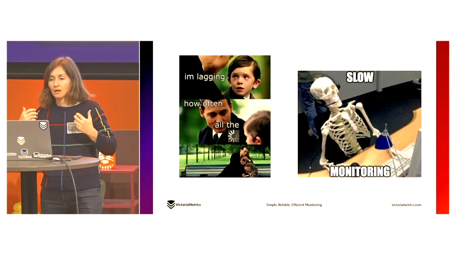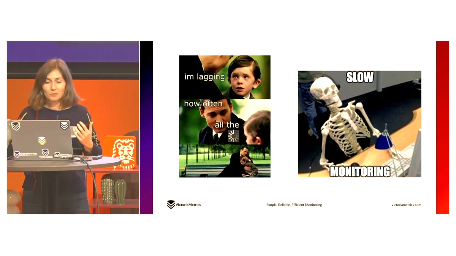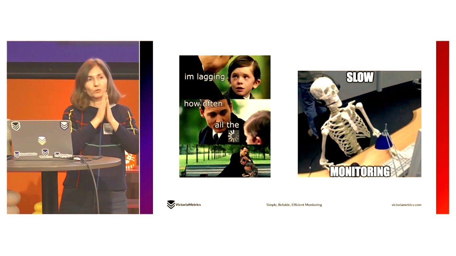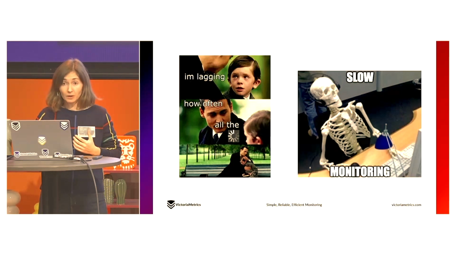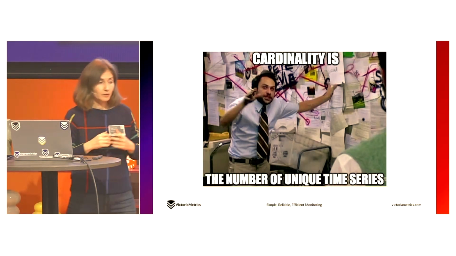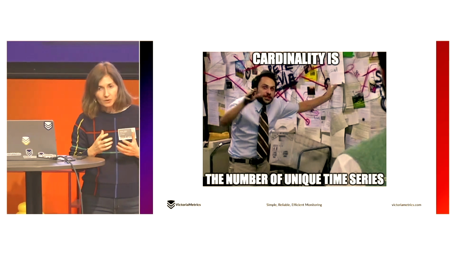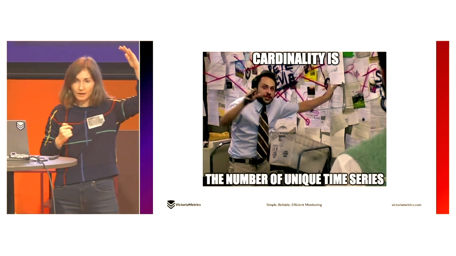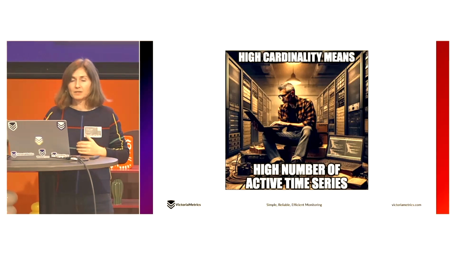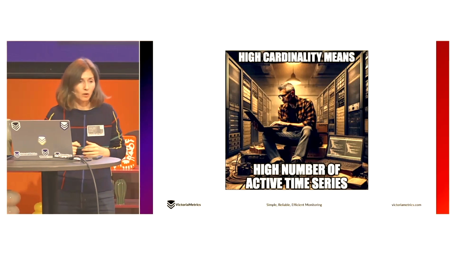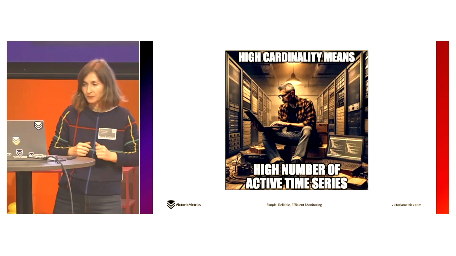I think one of the big culprits of latency and slow monitoring could be cardinality. Cardinality is the number of unique time series. So obviously, high cardinality means a high number of unique time series, and low cardinality means a low number of unique time series.